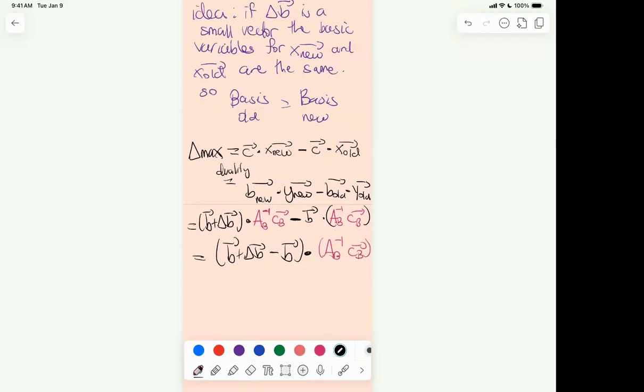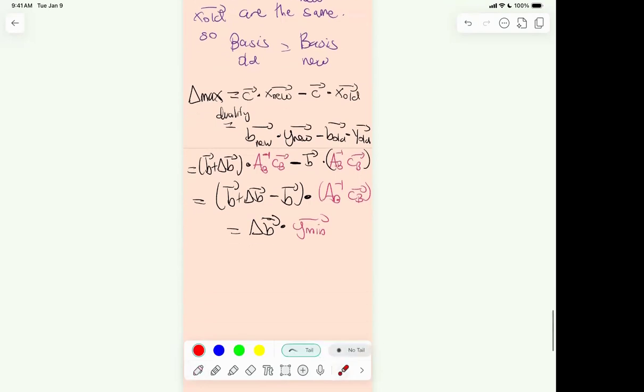The b's cancel, right? And so you get delta b dot, and what is this thing? Now that we know that it's the same, I can just call it y min, because it's the same vector that minimizes both problems. That's the interesting thing. It's important to notice that this vector works both for the original problem and the new problem. So it's the same vector for old and new.